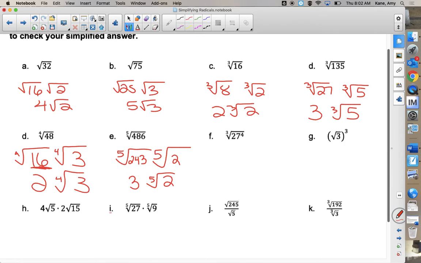If you look at letter F, we have the cube root of 27, and then it's to the fourth power. If you take 27 to the fourth power, it's a really big number. What is an easier way to simplify that? Michael? Yeah, you can cube root 27 first.